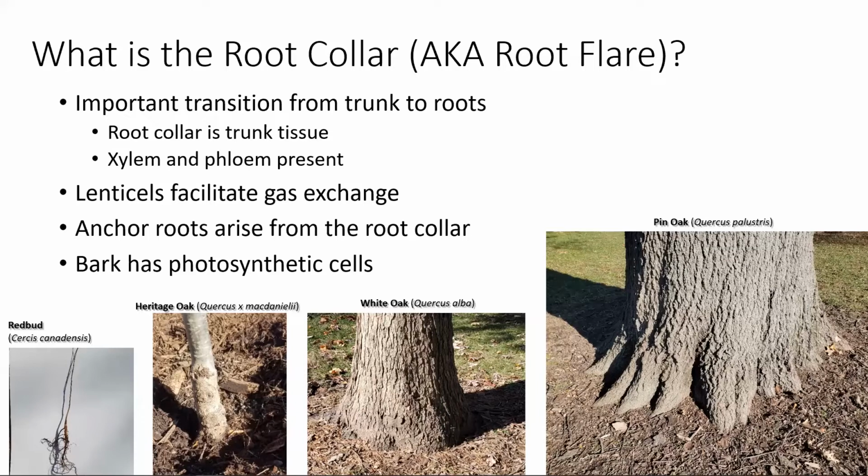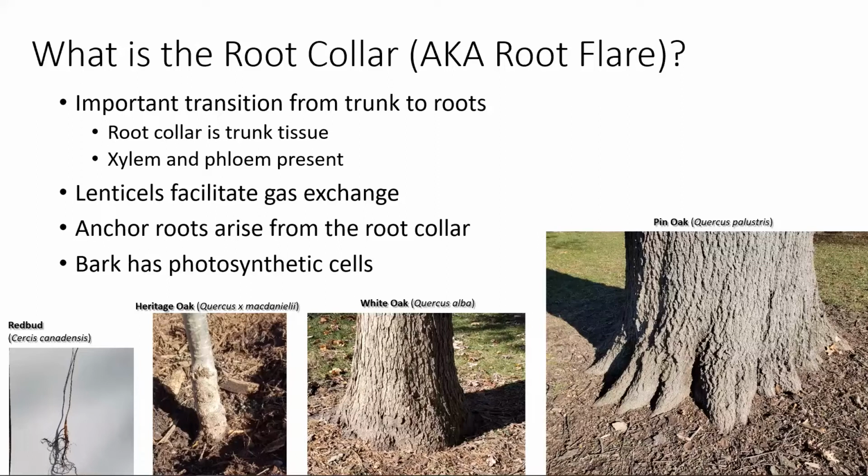There are lenticels there that facilitate gas exchange. That's important for the function of the phloem. It needs oxygen to do the metabolic processes that the phloem performs. Also, our anchor roots, or the structural root system for the tree, arise out of that root collar.